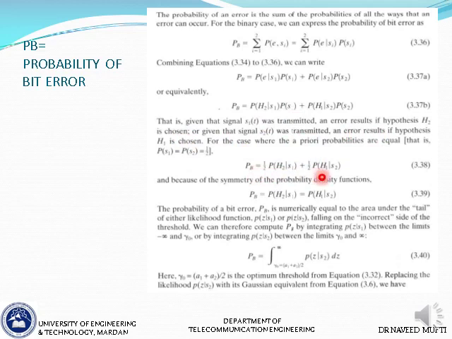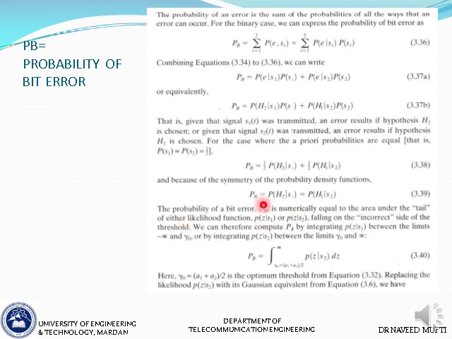So it translates into this, and if the probability density functions are symmetric, then this is equal to this, because the shaded area is the same. So the probability of a bit error PB is numerically equal to the area under a tail of either likelihood function falling on the incorrect side of the threshold.